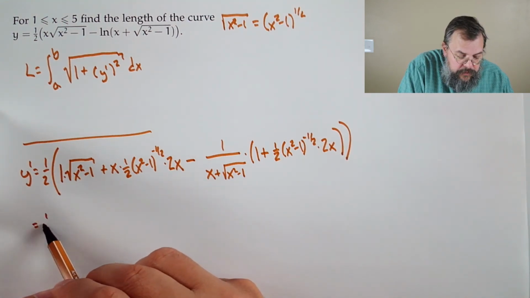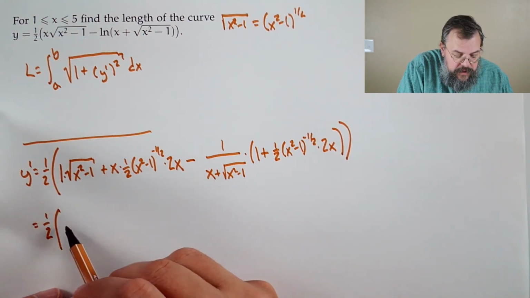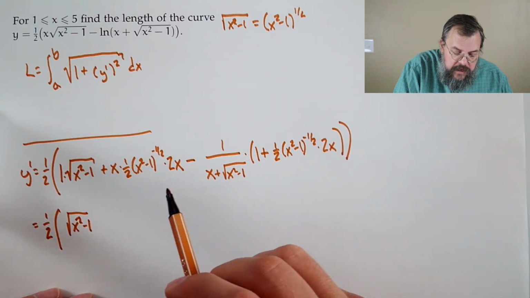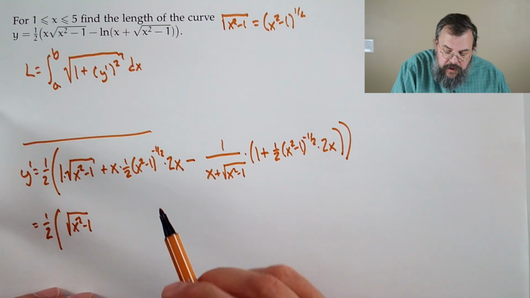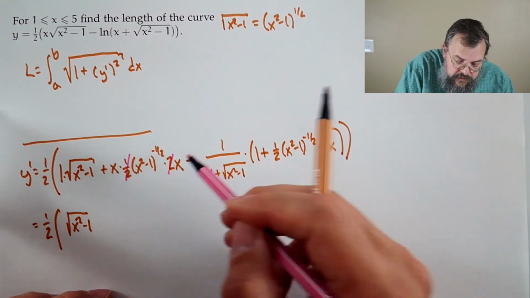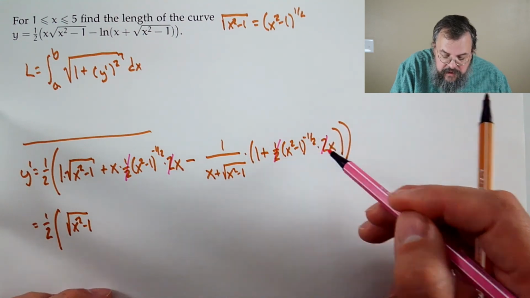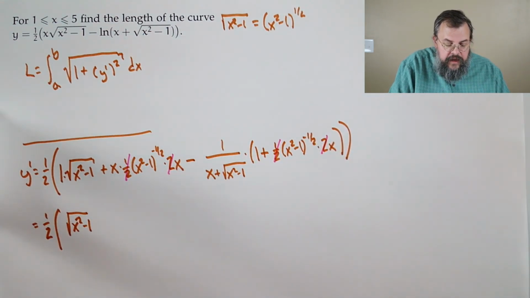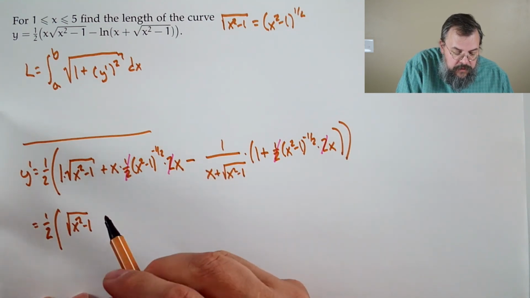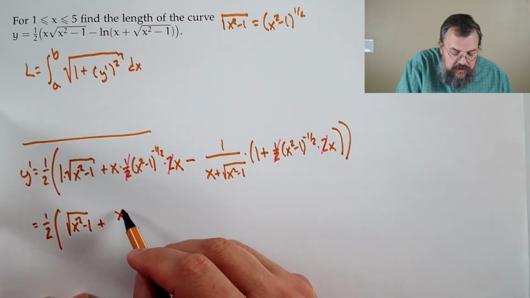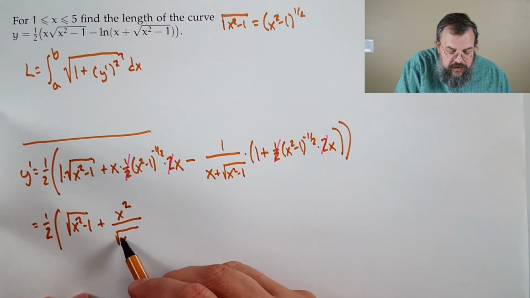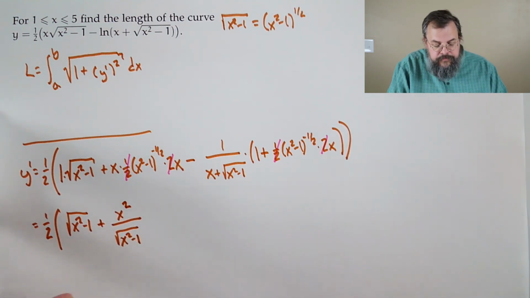What do we have? Well, we have a 1 half. We get a square root of x squared minus 1. All right. Now here, what do you see? Well, there's a half and a 2. So, okay, that's going to simplify. That's good. In fact, the same thing will happen later, so we'll go ahead and do that now. And so what's this? Well, you have x times x, which gives us x squared. And then there's a square root of x squared minus 1.